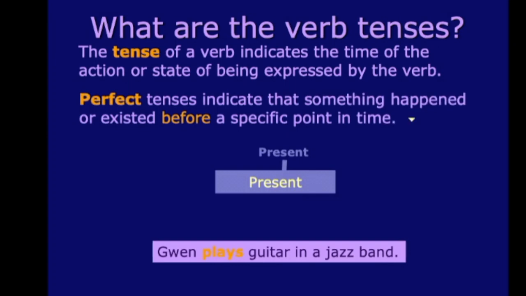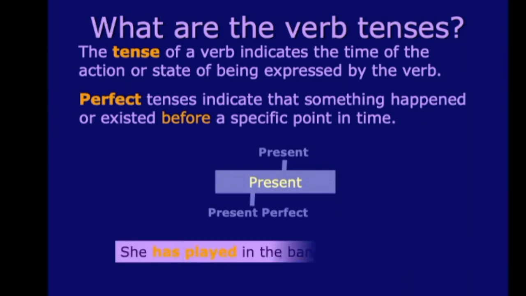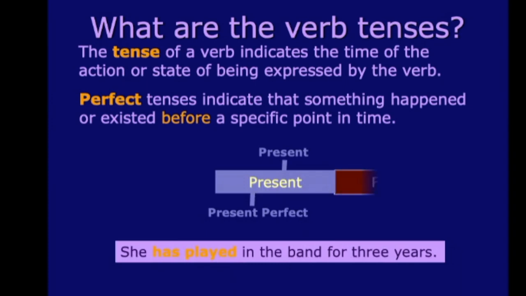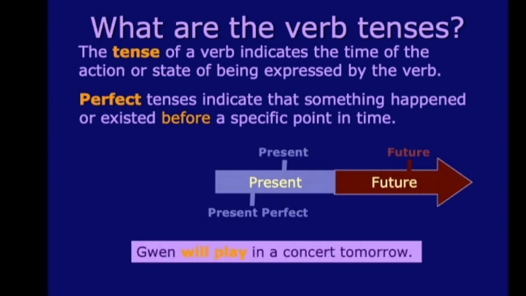Example of present tense: Gwen plays guitar in a jazz band. And then the present perfect will be: she has played in the band for 3 years. Future: Gwen will play in a concert tomorrow.